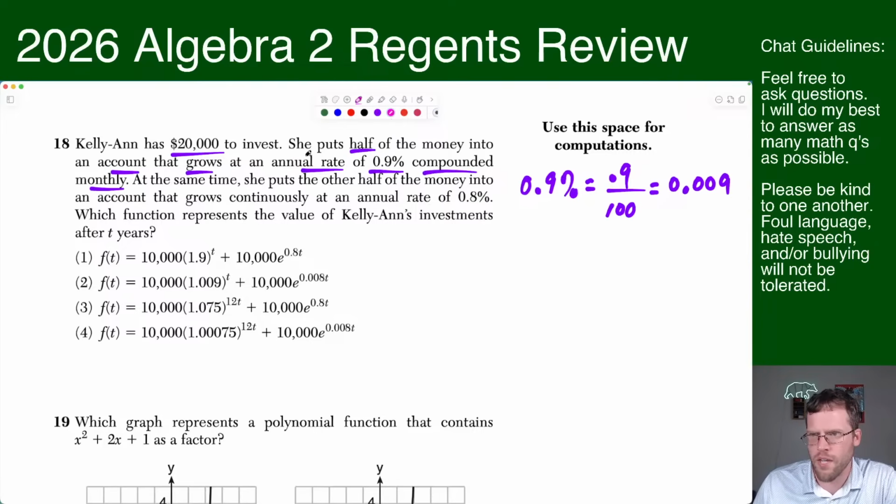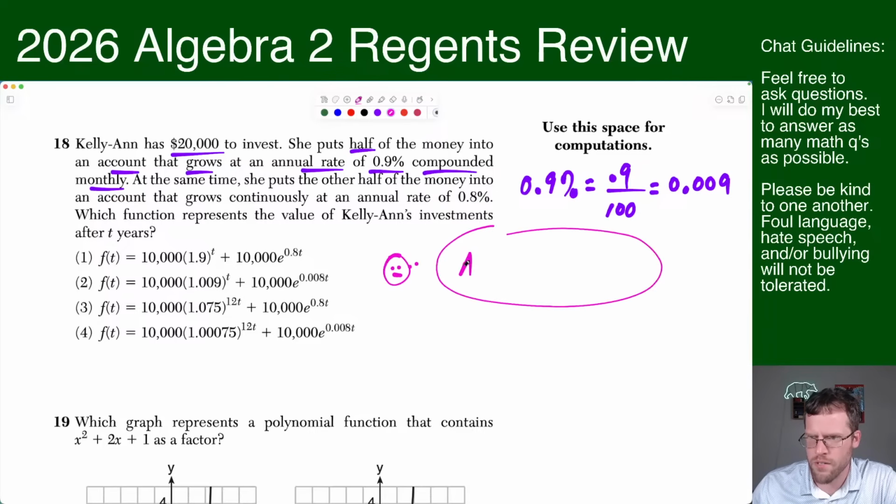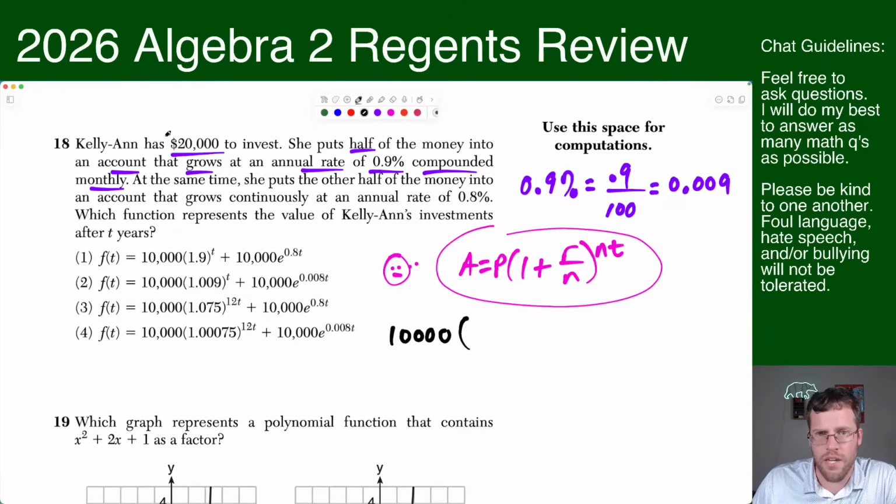And if you're looking at compounded monthly, for that first part I'm thinking, okay, compounded monthly is A equals P times 1 plus R over N to the NT power. For that, I have 10,000 because she's taking half the money and putting it in this first account.